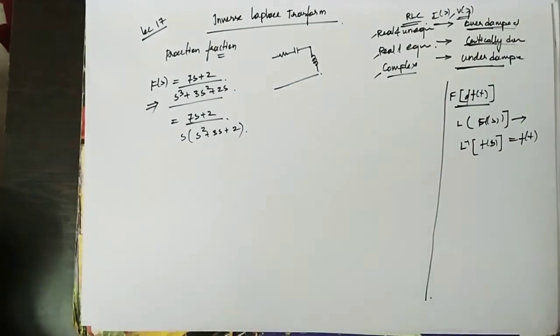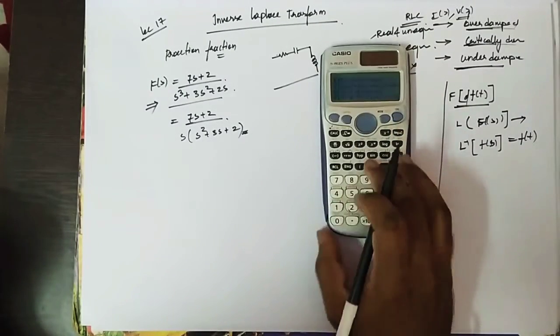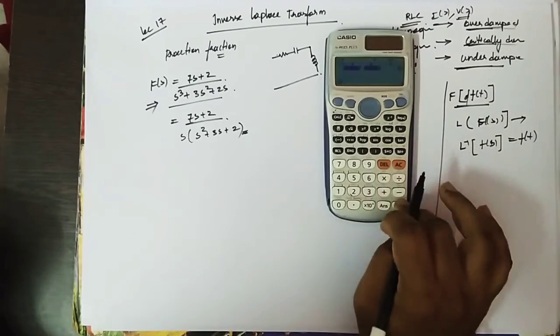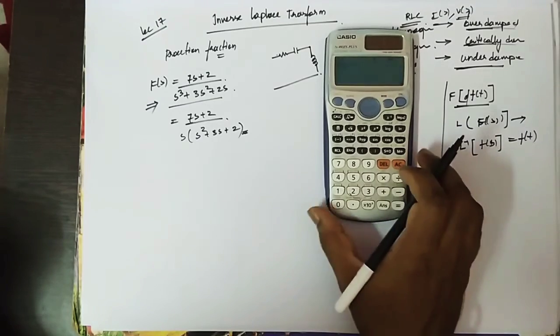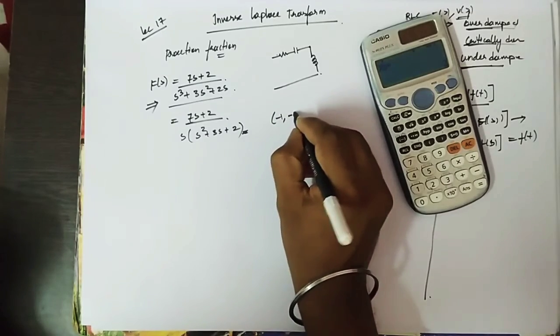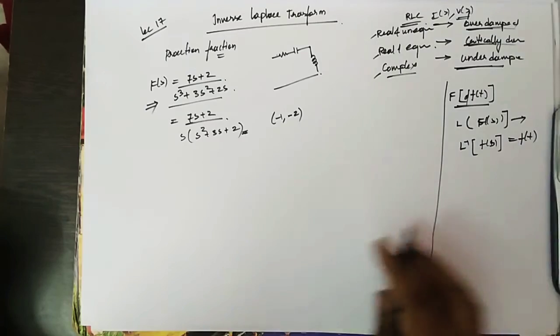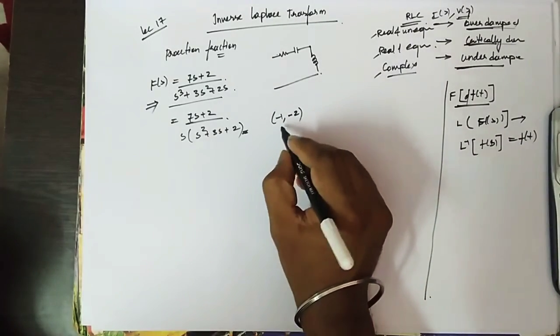After seeing this, you will find the roots of this denominator. The roots you obtain are minus 1 and minus 2. So these are real and unequal roots.